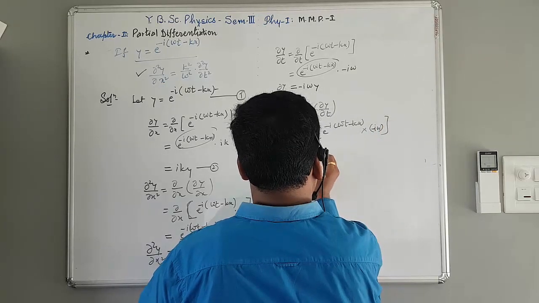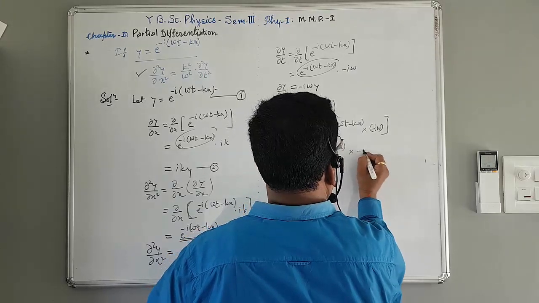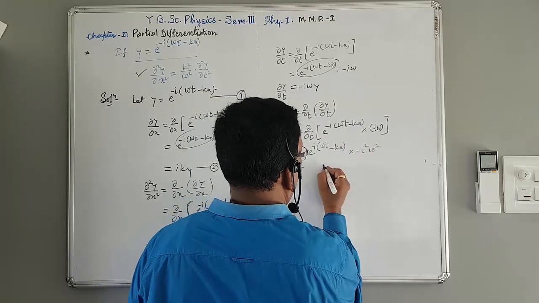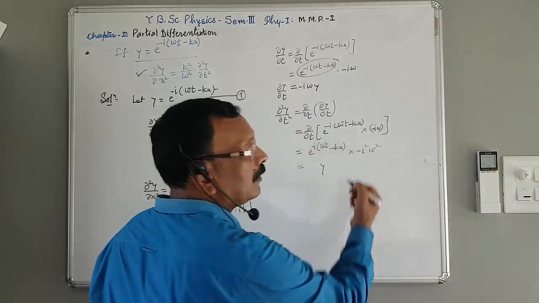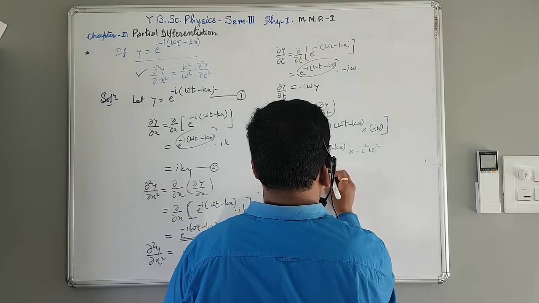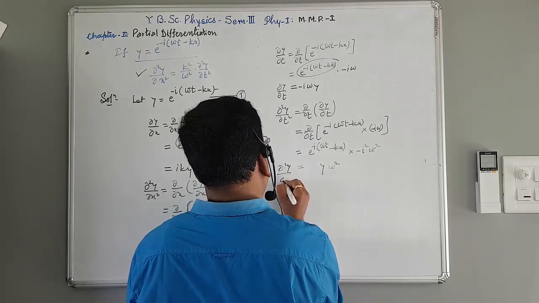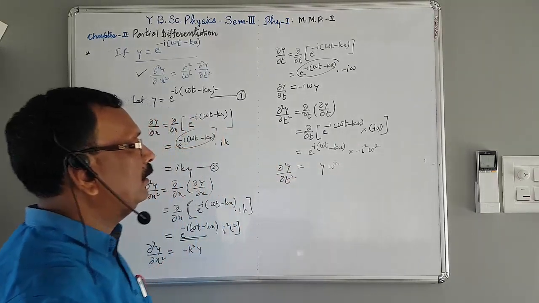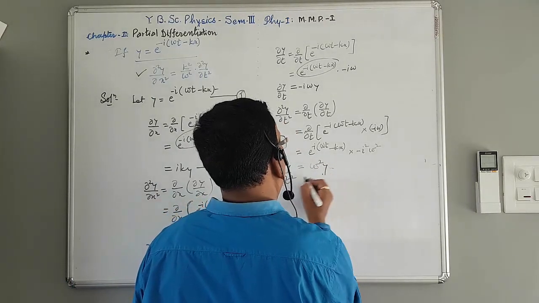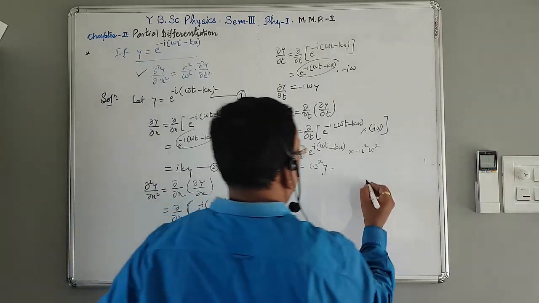Again solve this, we have e^(−(iωt − kx)) into −i²ω². This is the value of y, and the value of i² is −1, therefore minus minus plus. We have ∂²y/∂t² is equal to ω²y. Suppose this is equation 3 and this is equation 4.